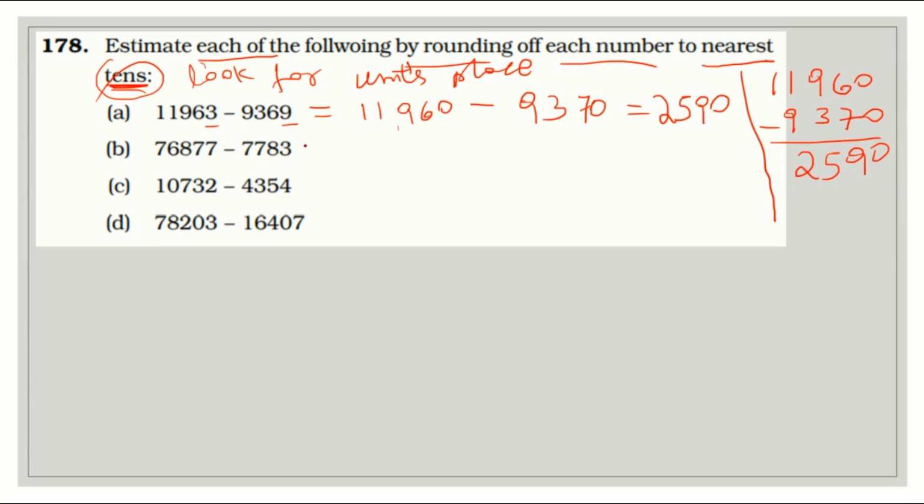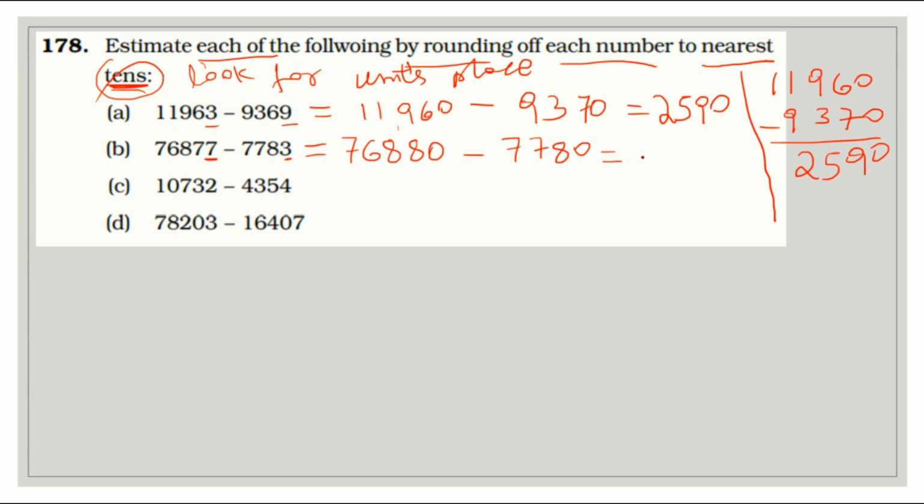Similarly, can you do this? I will just show you only the rounding off. Subtraction you have to do on your own. Here units place is 7, so we have to increase tens place. 76,880 minus, units place is 3, so no change to tens place, 7,780.